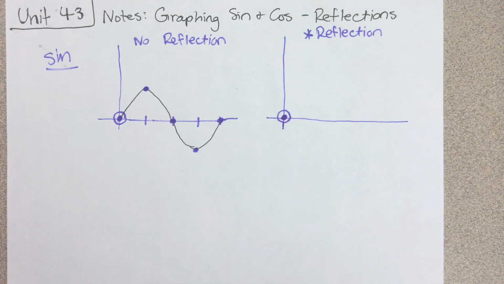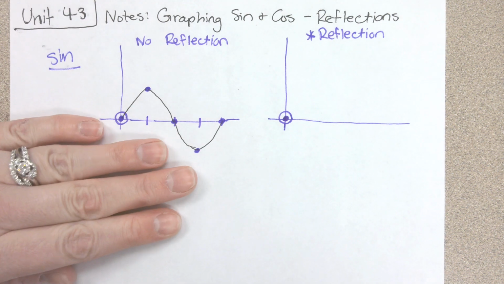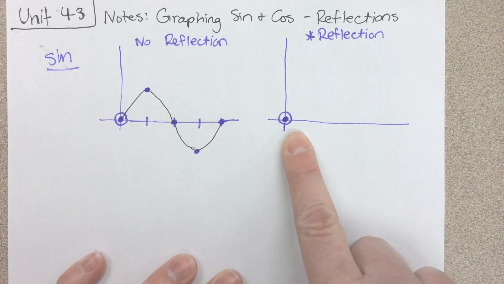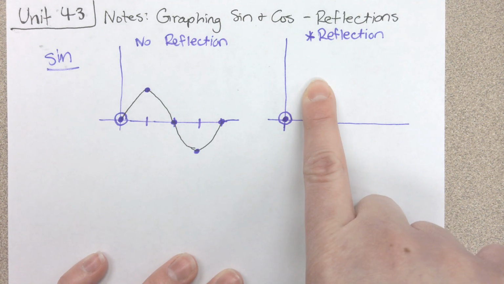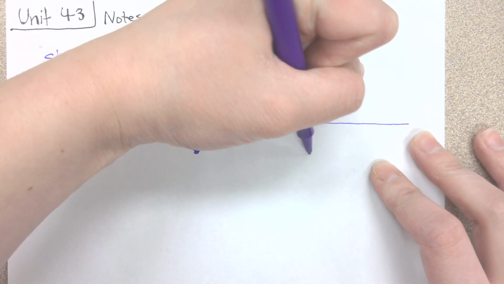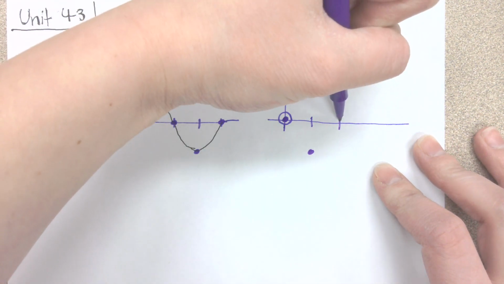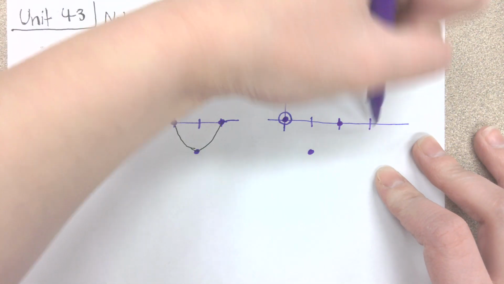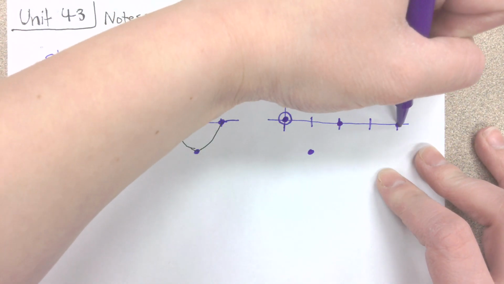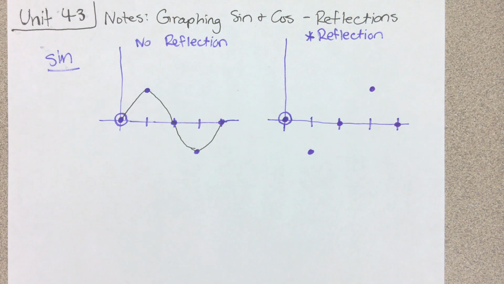Reflection, we're going to flip it over the x-axis. So all of those points, the maxes and the mins, they're going to switch places. So when we start, instead of going up to the maximum, we're going to go down to the minimum first. Then we go back up to the midline. Then we go to the maximum, back down to the midline. And then the pattern just continues from there.